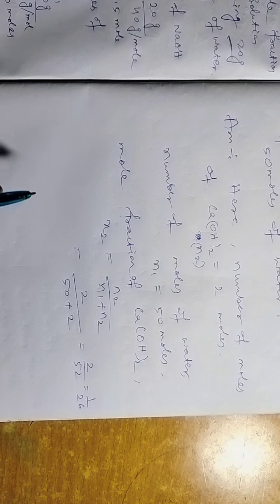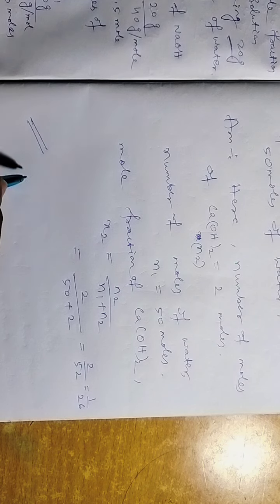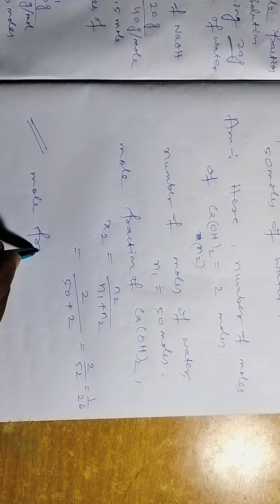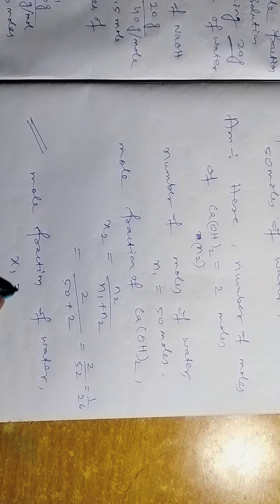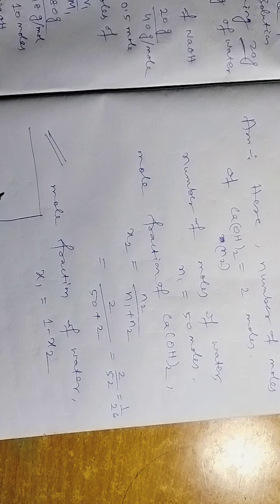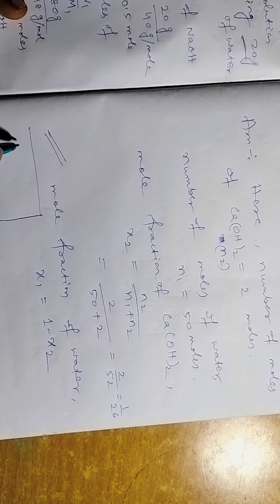Suppose in the same question we are asked to calculate the mole fraction of water. Now the mole fraction of water, x1, is equal to 1 minus x2. This is because the sum of mole fractions of all the components in a mixture or solution is equal to 1.